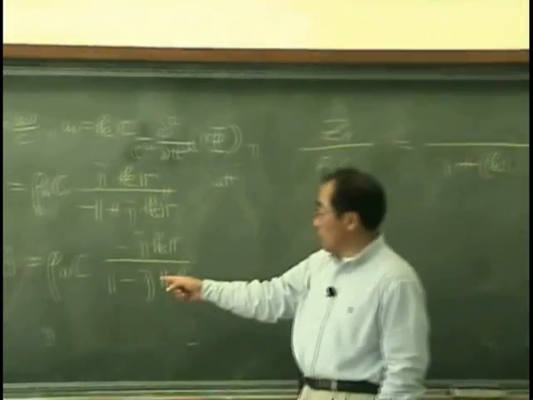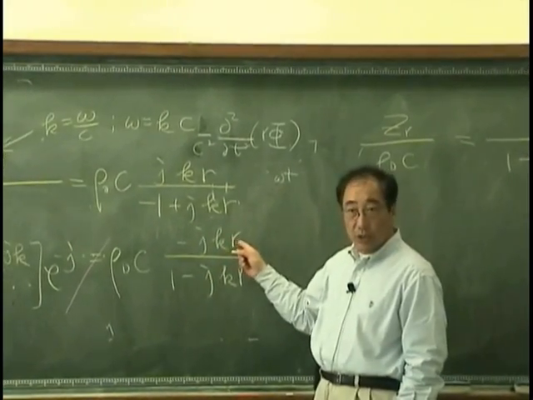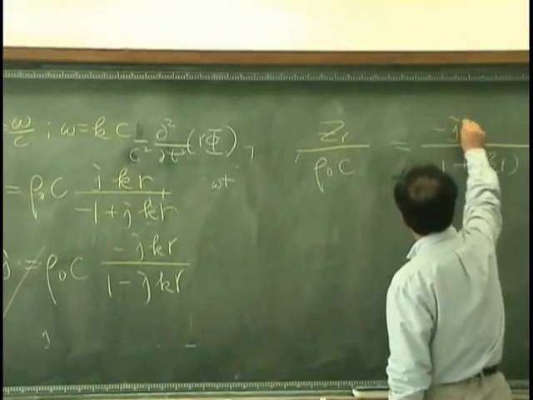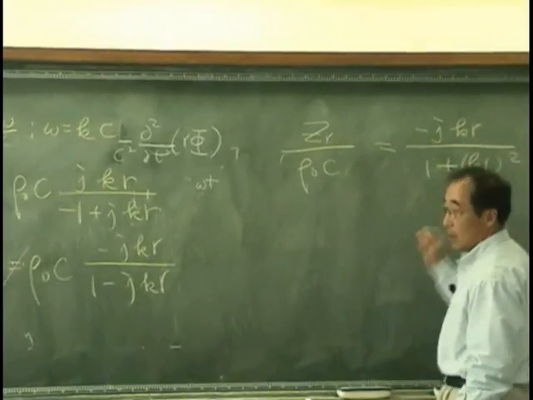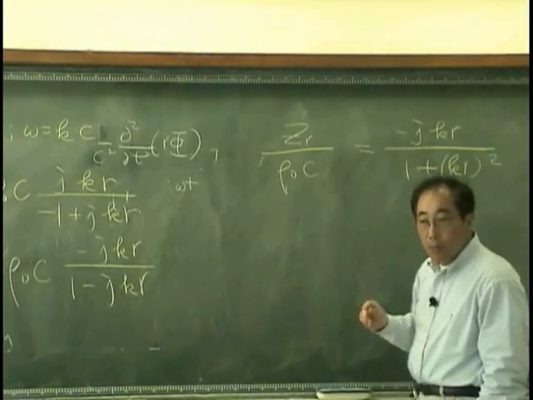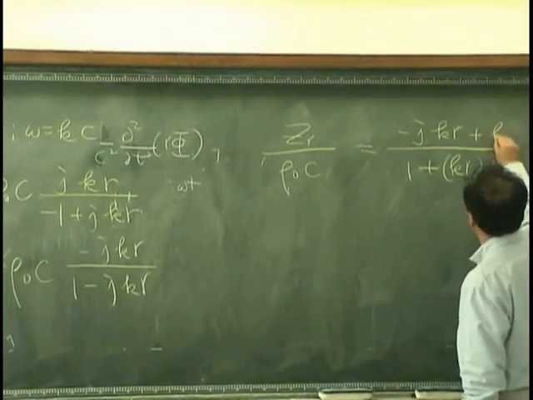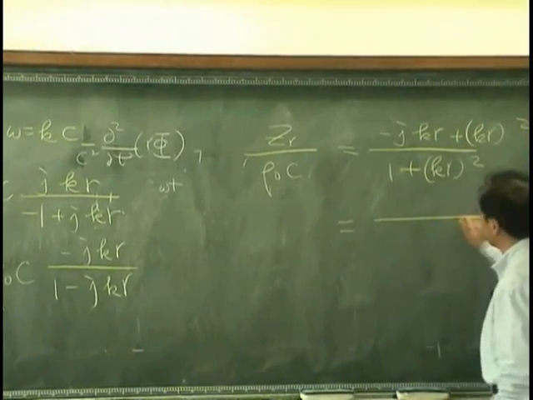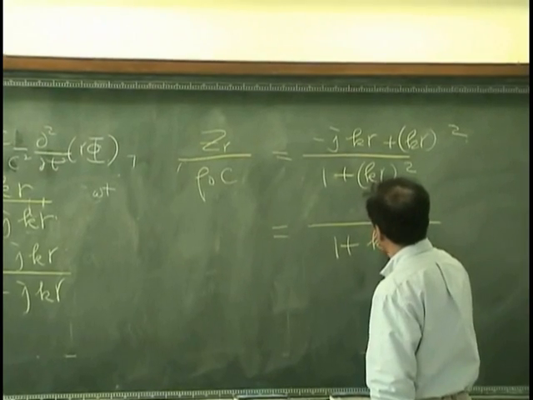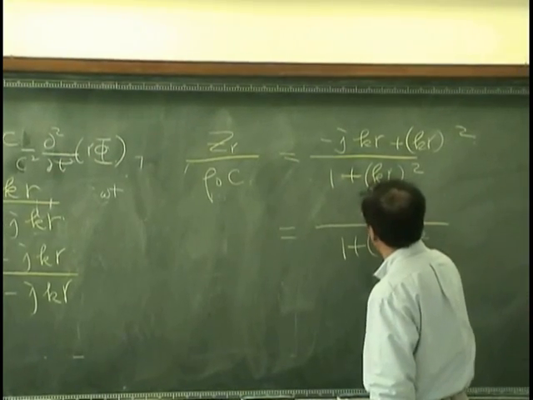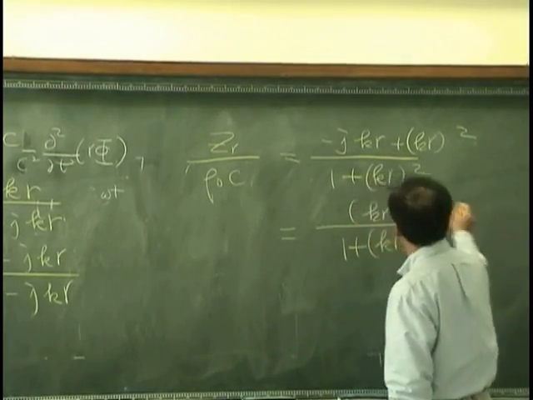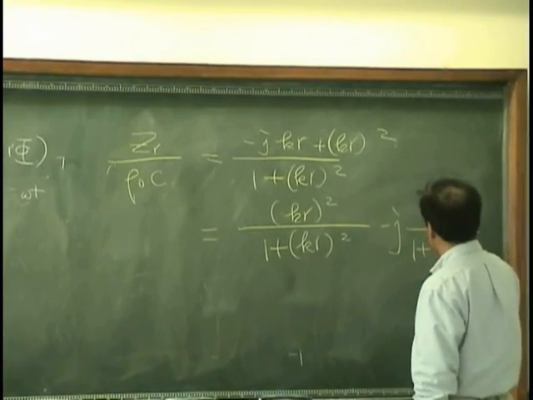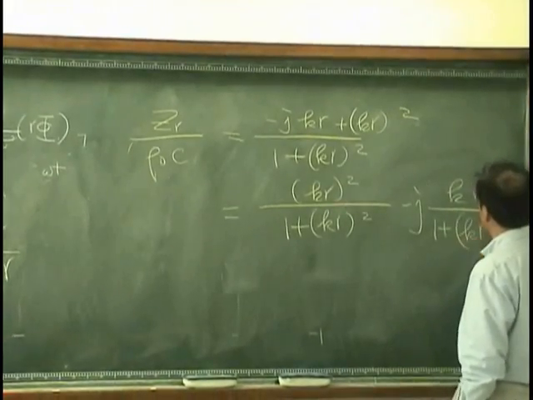And I am applying 1 plus JKR to here. That gives me minus JKR plus KR square. So rearrange this, give me 1 plus KR square to the KR square minus JKR 1 plus KR square.